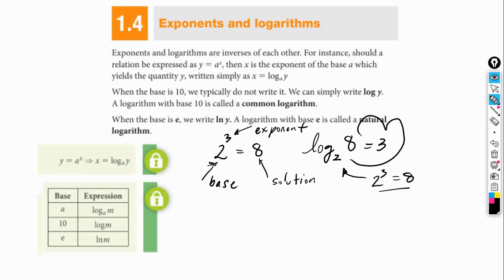Okay, so in general, if we have that y is equal to a to the x, then we can express this in logarithmic form by saying that x is equal to log base a of y.